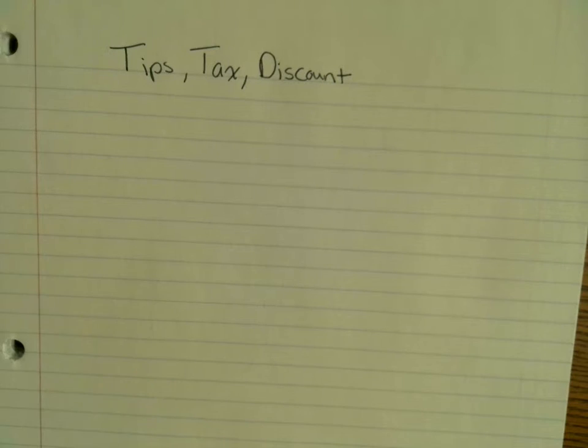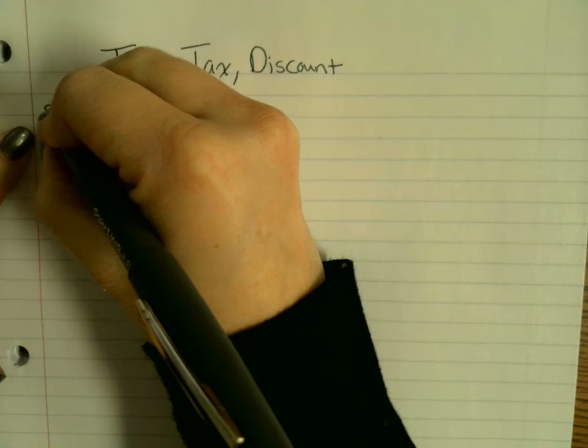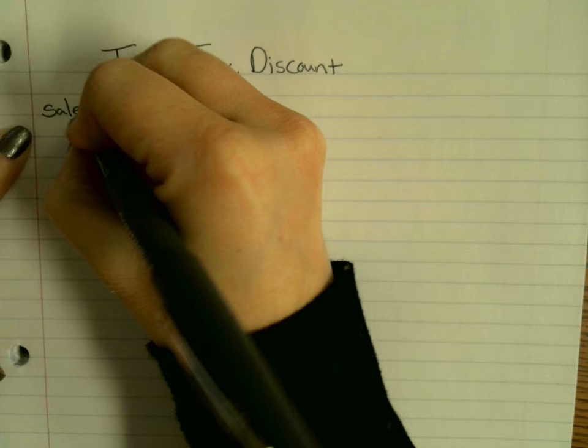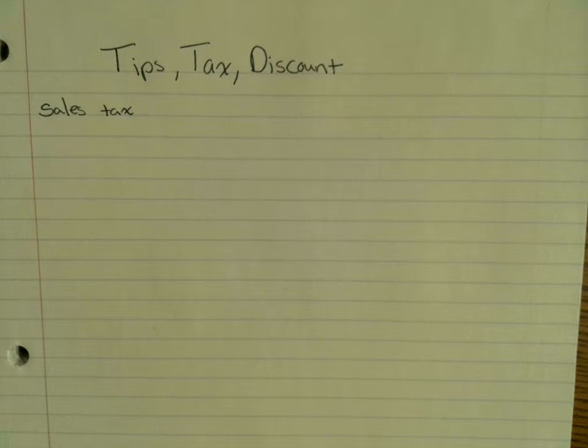All right, so talking about tips, tax, and discounts. Let's start first with sales tax. So like I said before, sales tax, it's just the amount that you pay. So when you purchase an item, you have a percentage of tax that you have to pay on it. Your percentage is going to be different depending on where you are. Each county has a different percentage. States have different percentages as well.